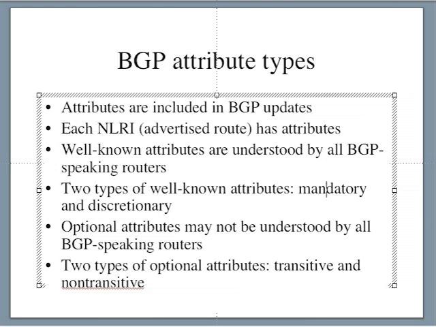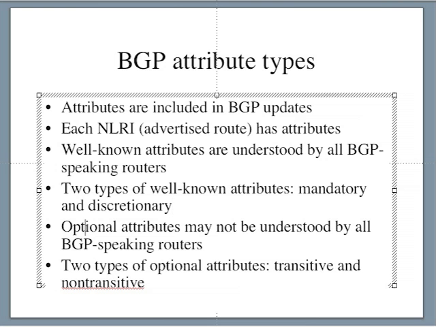A mandatory well-known BGP attribute is an attribute that has to be included with every BGP update. A discretionary well-known BGP attribute is an attribute that every router understands, so it's well known, but it does not need to be included in every update. And then there are optional attributes.